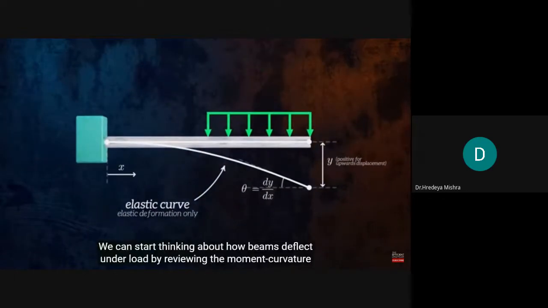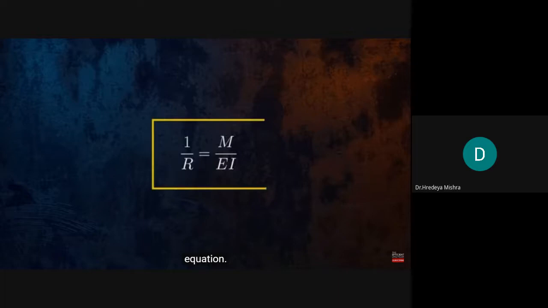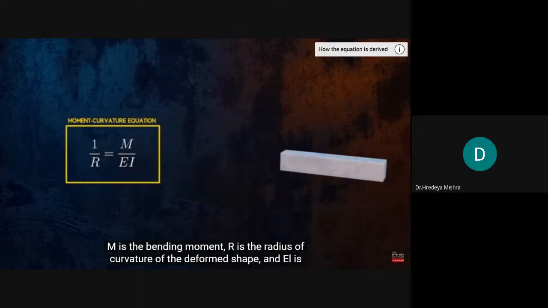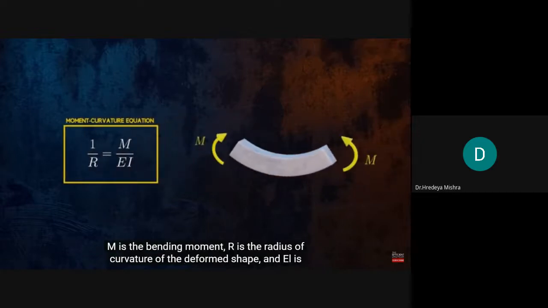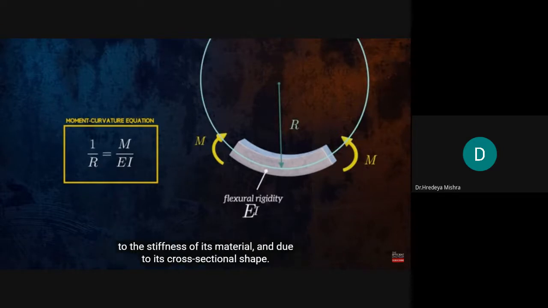We can start thinking about how beams deflect under load by reviewing the moment curvature equation. It allows us to calculate the curvature of a beam for a given bending moment. M is the bending moment, R is the radius of curvature of the deformed shape, and EI is the flexural rigidity of the beam, which defines how much the beam will resist bending due to the stiffness of its material and due to its cross-sectional shape.